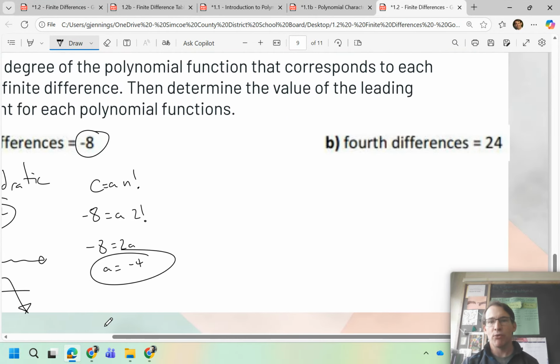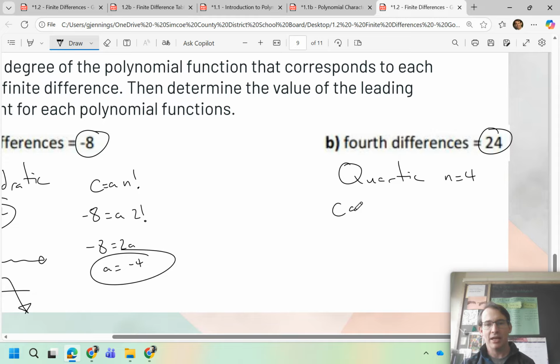If we found that the fourth differences were 24, we are quartic. n is 4, and we have c equals a n factorial. C is 24. We just did this one. a times 4 factorial. 4 factorial is 24, 4 times 3 times 2 times 1. So a equals 1, and our sketch would be something like this.